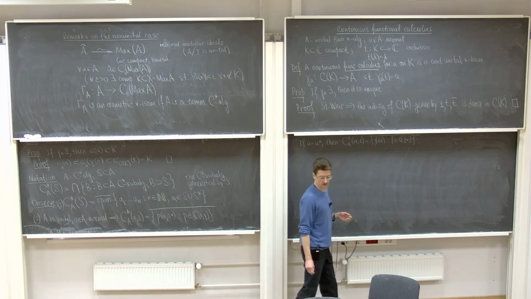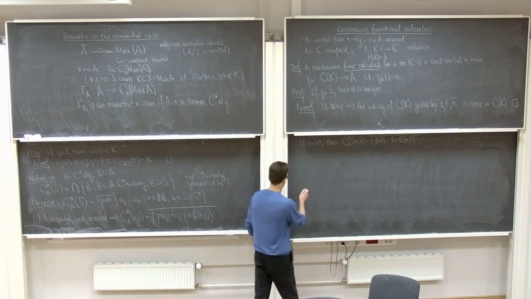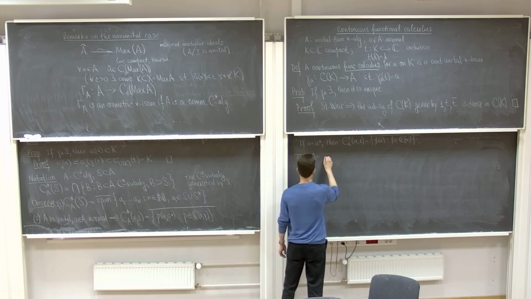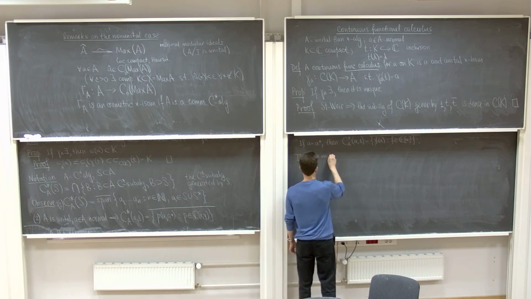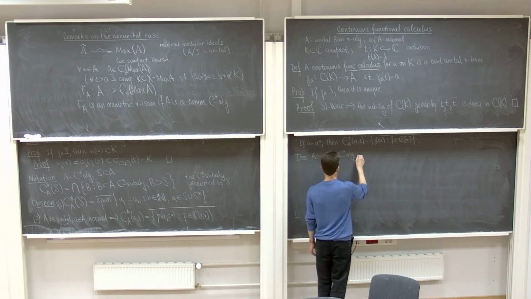Okay, let's now come back to the functional calculus. So we have the following result. Suppose that A is a unital C-star algebra, and little a is a normal element.